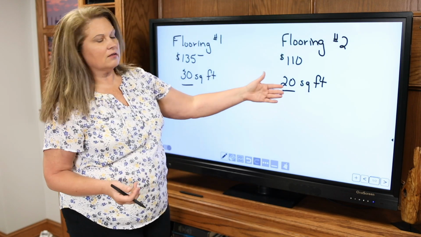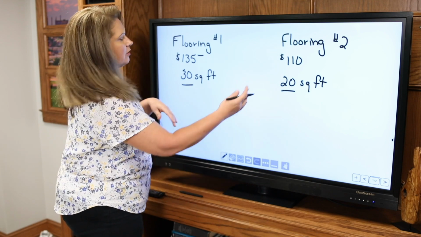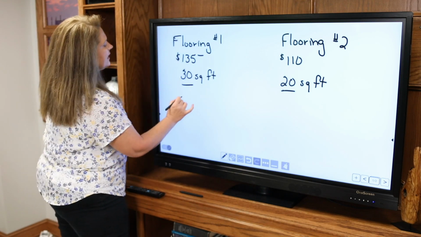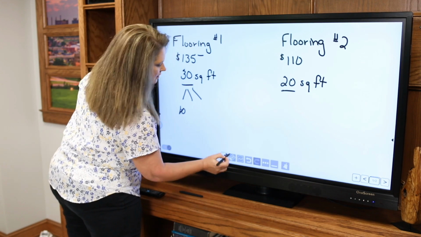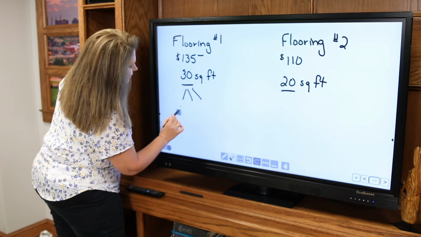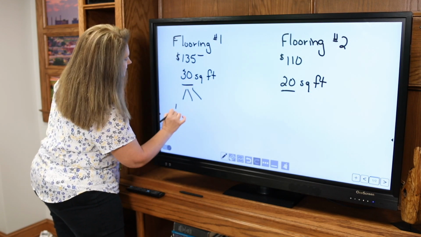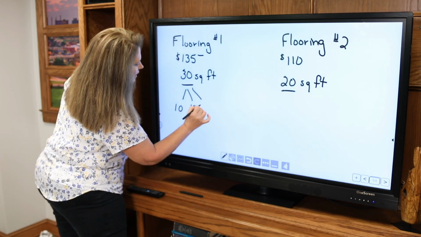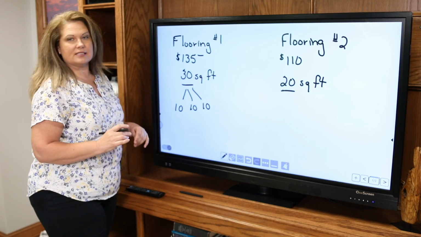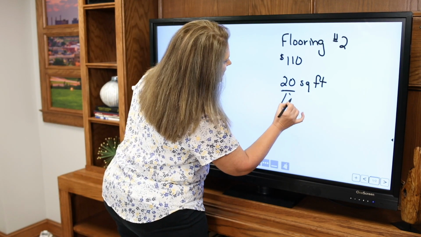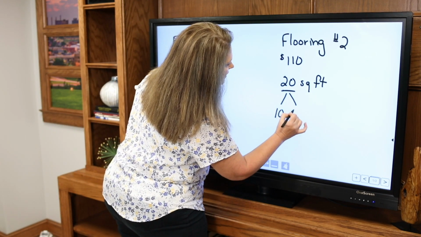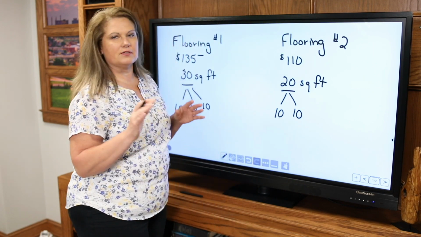We have 30, and 20. Let's separate this into 3 sections of 10 square feet, and take this one and separate it into 2 sections of 10 square feet.